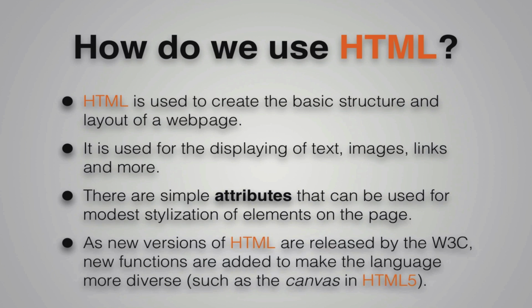As new versions of HTML are released by the W3C, the W3C, for those of you who don't know, is the global organization that keeps track of international web standards, new functions are added to make the language more diverse. One such example is the canvas tag in HTML5.